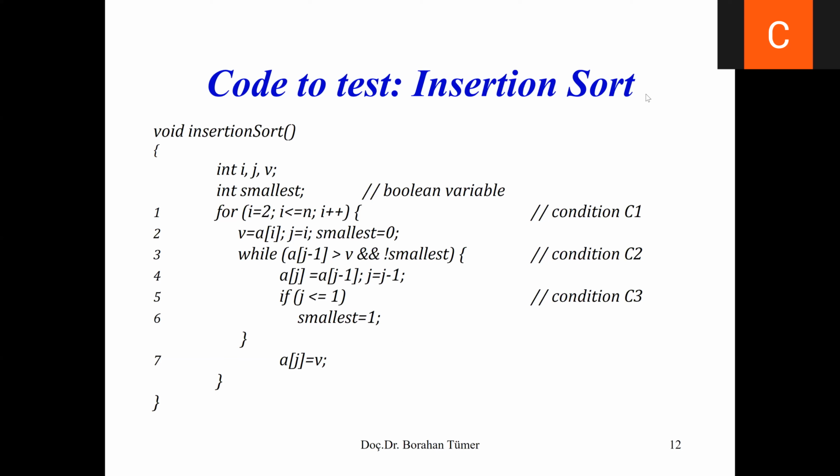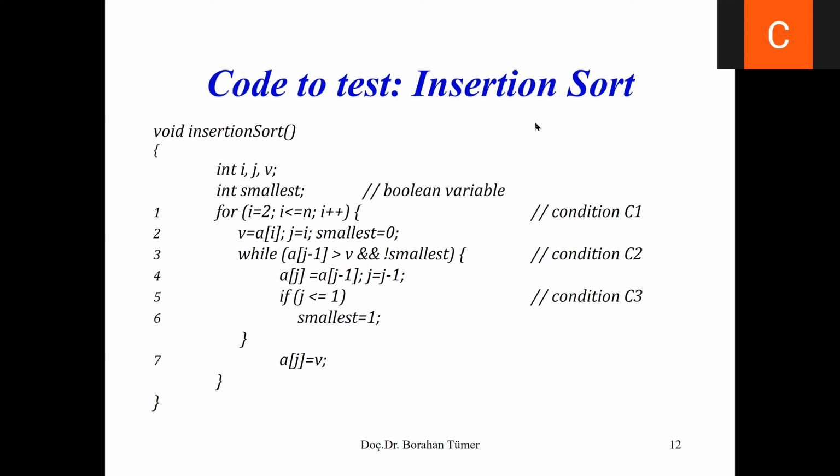Okay, how will we apply the category partition method to insertion sort? As you know, the first step to category partition method was to specify the input categories for this insertion sort.